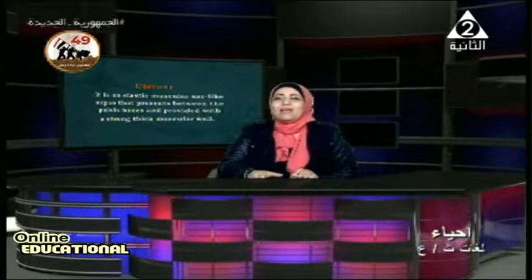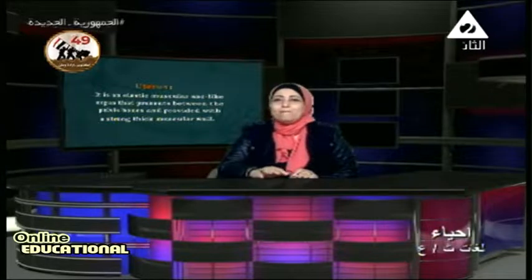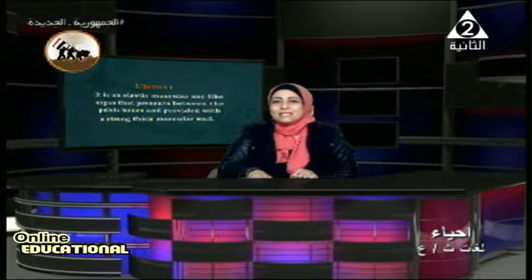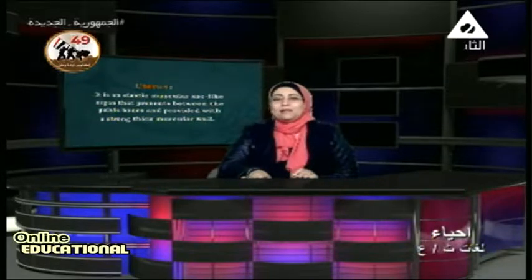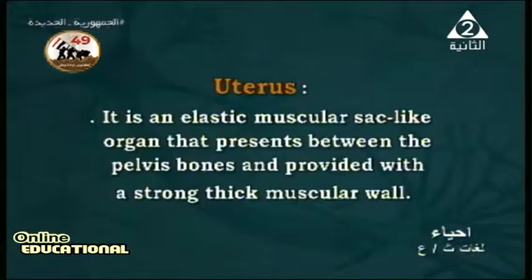It is joined to the pelvic region by ligaments, which enable it to expand and contract easily, also during pregnancy. It is an elastic muscular sac organ present between the pelvic bones and provided with a strong, thick muscular wall.